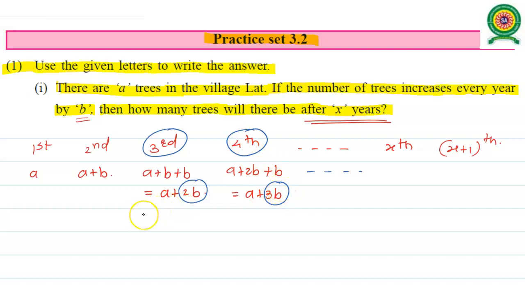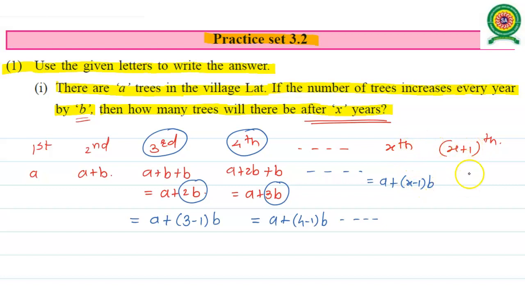That means we can write it in the form A plus 3 minus 1 into B, and in the fourth year A plus 4 minus 1 into B, and so on. So for the Xth year we can write it as A plus X minus 1 times B. That many trees we have in the Xth year.